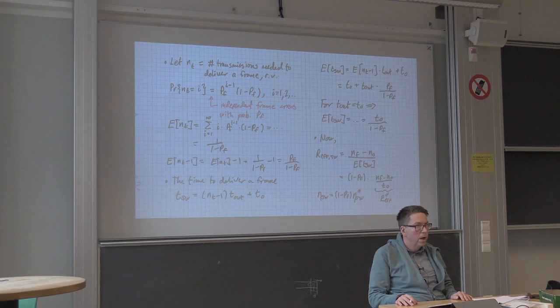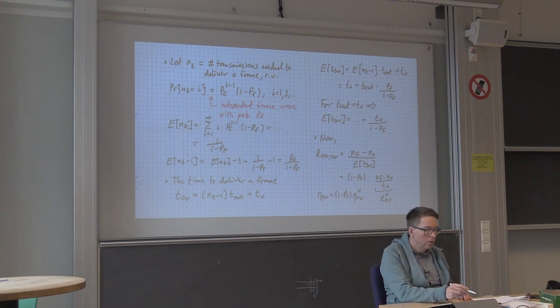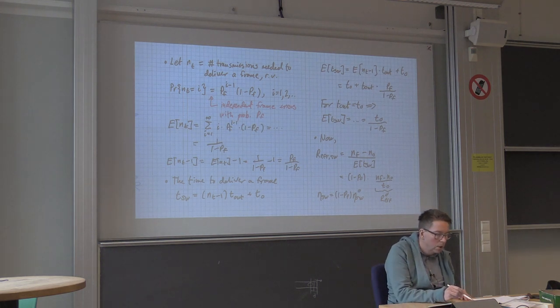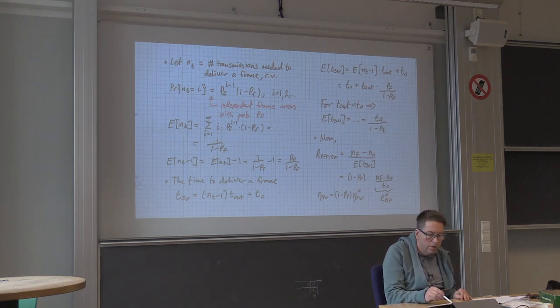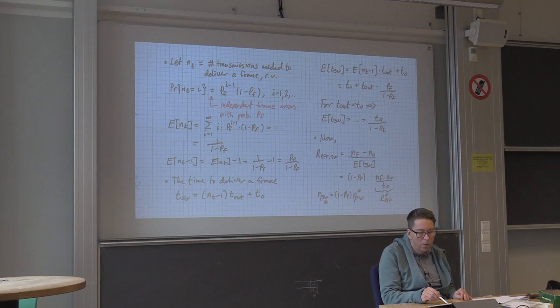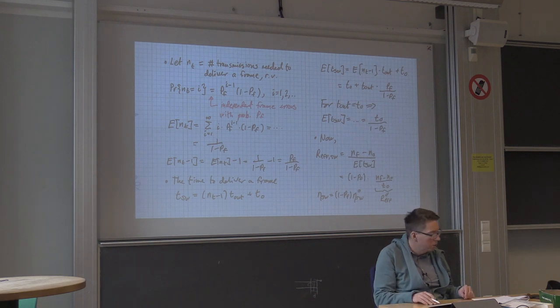So it's actually a very simple equation, but arriving at it required a little bit of work. So now we know the effective rate and the efficiency for stop and wait, and we see that it's proportional to 1 minus PF times the effective rate when we have no errors.